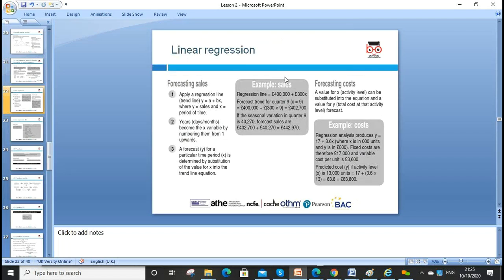Now forecasting. Linear regression is for forecasting sales. Apply the linear regression y equals a plus bx. A couple of you may have learned this in maths and statistics as well. It's quite a crucial concept to look at. So y represents the trend, a is the fixed cost, b is the variable cost, and x is the number of units.